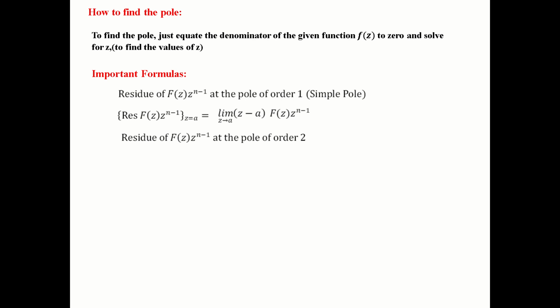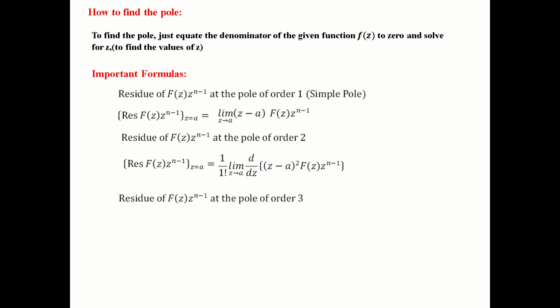If z is equal to a is a pole of order 2, then the residue of f of z into z power n minus 1 is equal to limit z tends to a of d by dz, the derivative of (z minus a) square f of z, z power n minus 1.